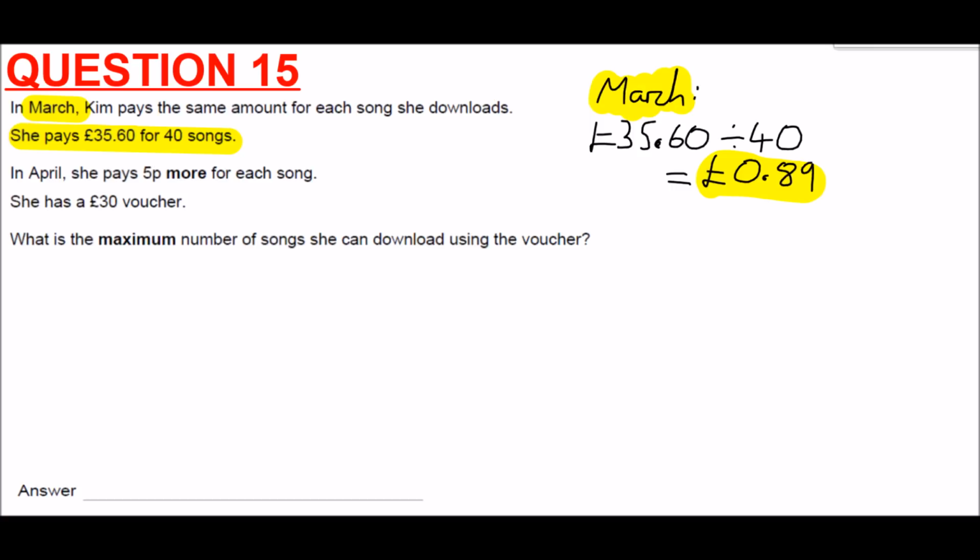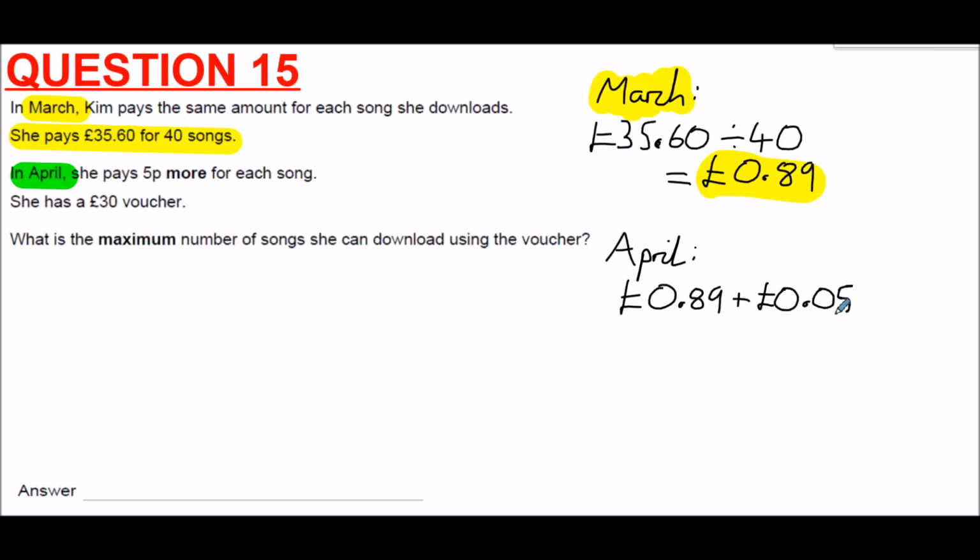It says in April, she pays 5p more for each song. So for April, she'll pay 5 pence more than what she paid in March for each one. So for April, that'll be 0.89 plus an extra 5 pence.